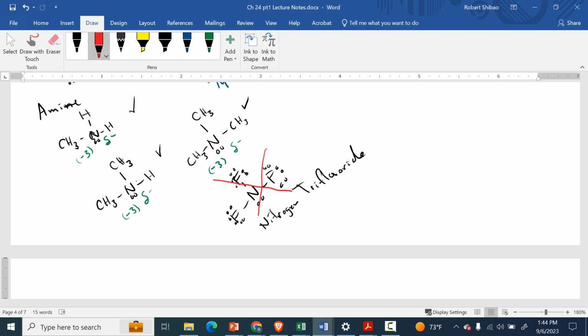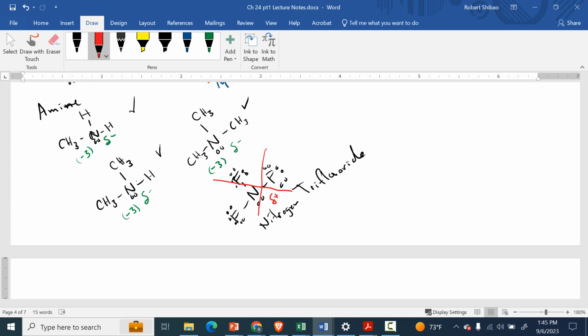What's more electronegative, nitrogen or fluorine? Fluorine, and that means nitrogen is going to get the positive charge, not the negative charge. So is nitrogen going to be just as willing to donate negative electrons if it's positively charged? No. And so it's not going to be as good of an electron pair donor.